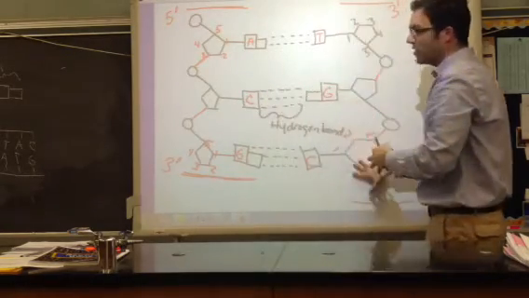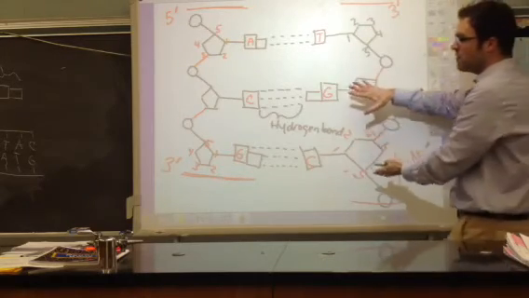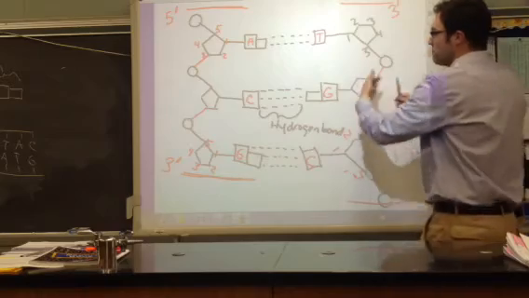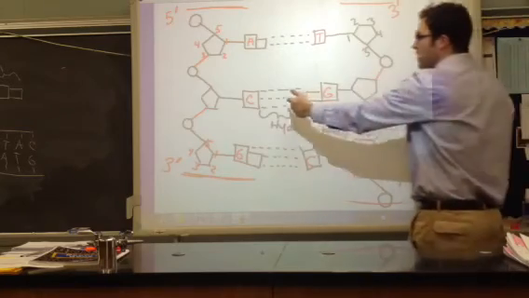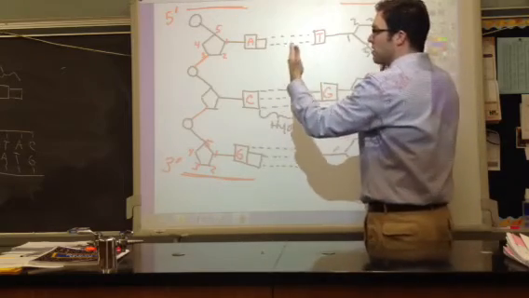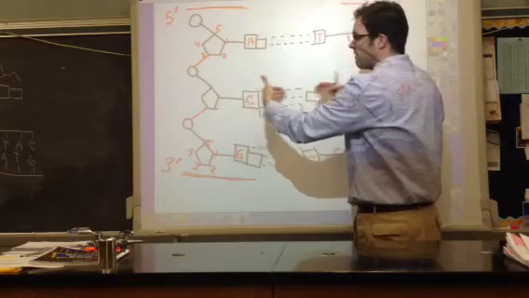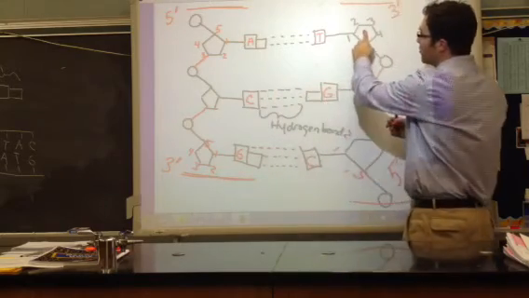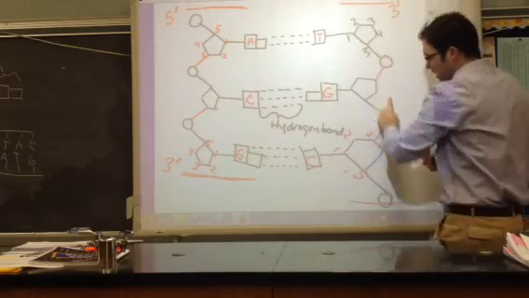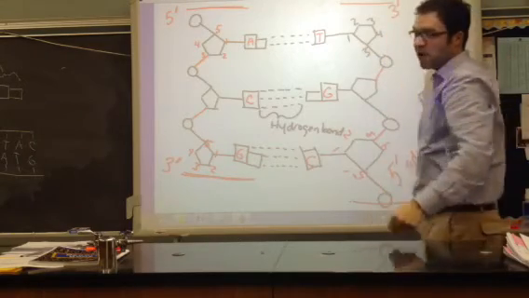If this was parallel, if this was a 5' side and this was a 3' side, remember you've got to flip it around. So the nitrogen bases would be facing right. They wouldn't even want to connect to this. So in order for DNA to bond together left side to right side, the nitrogen bases have to face each other. And facing each other is only accomplished via an opposite, antiparallel 3', 5' side.